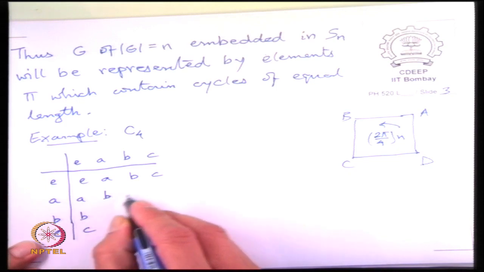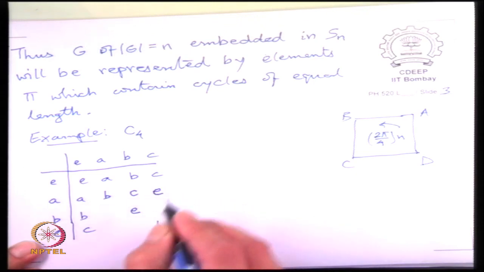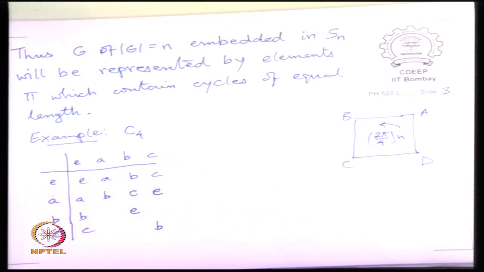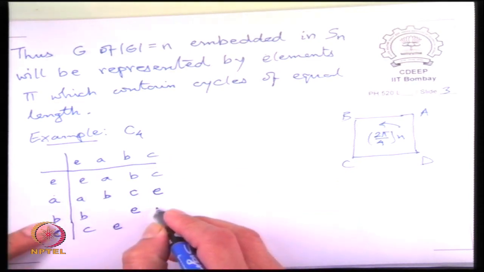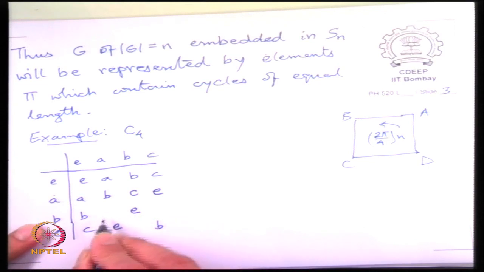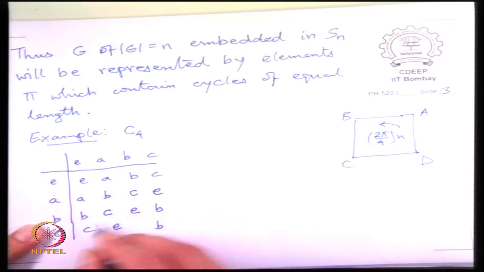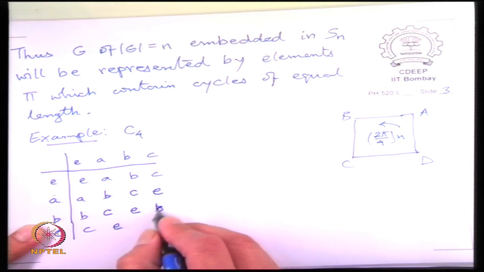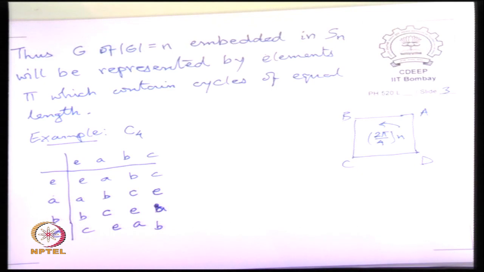So we got A, B, then I have to fill here C and here E, because A and C are inverses of each other, 3 pi by 2 and pi by 2. So E here and A, so here I have to put a C and here B, sorry, A, and A. Now let us write this out as cycles.